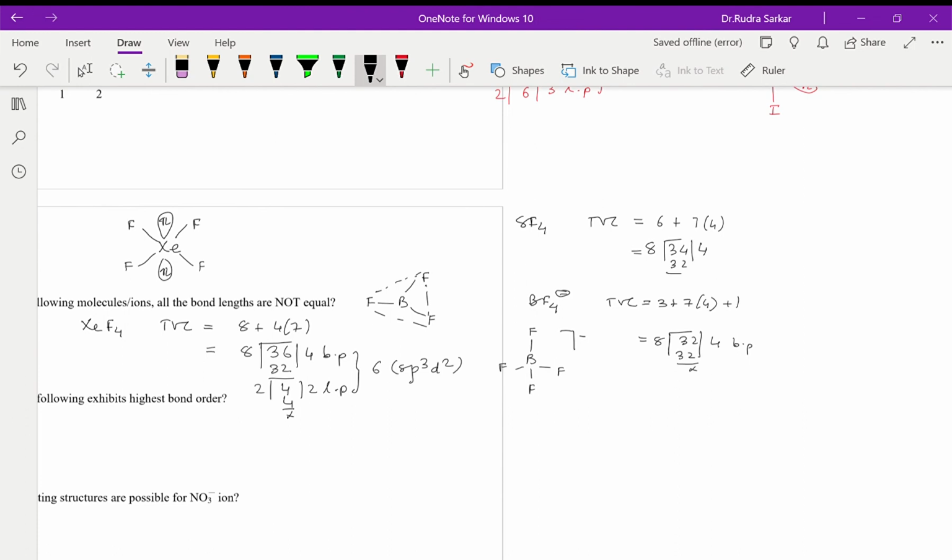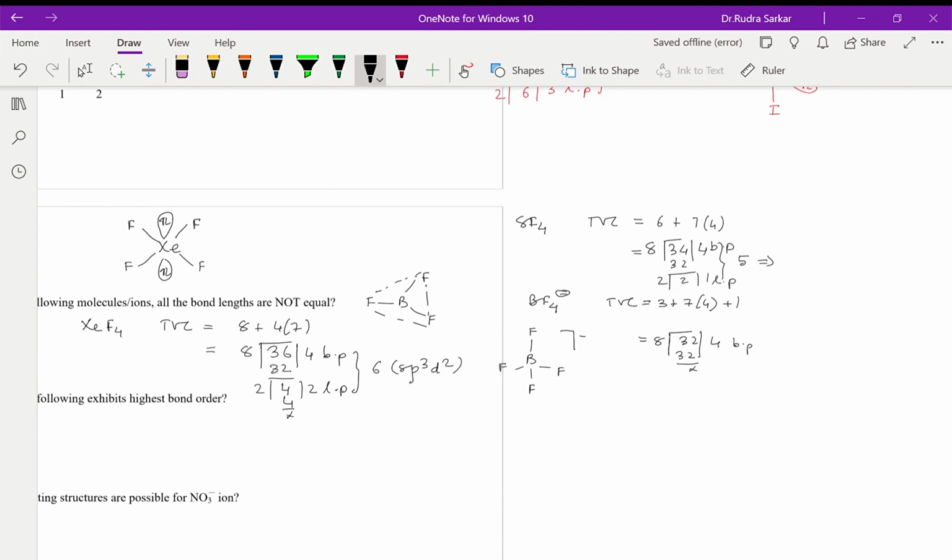This is 32, and 2 will be left, divided by 2 gives 1. The total number of electron pairs is 5. This is the bond pair, that is the lone pair.